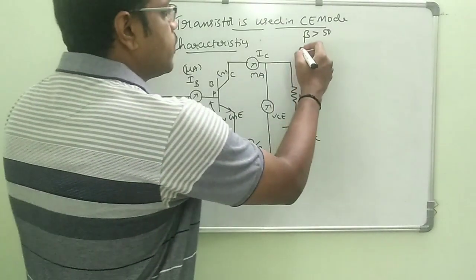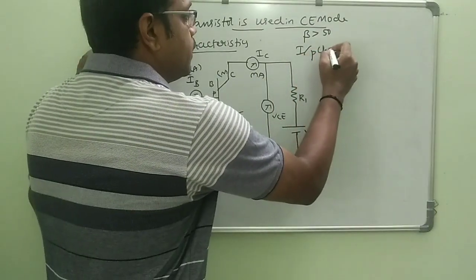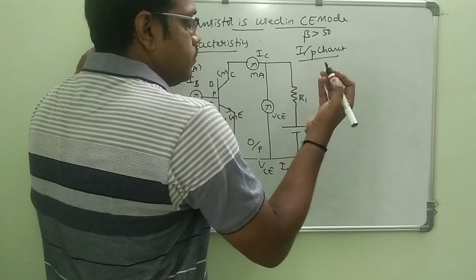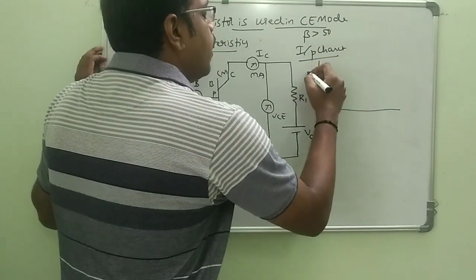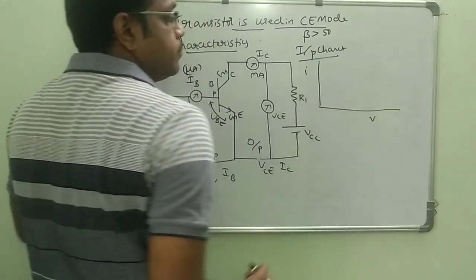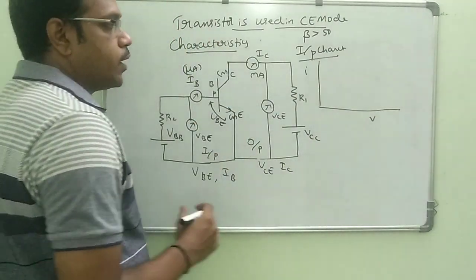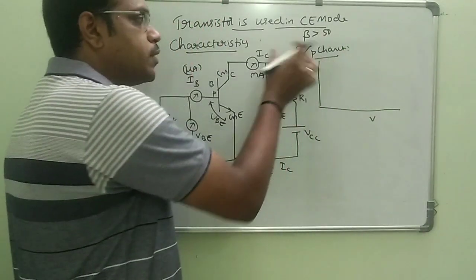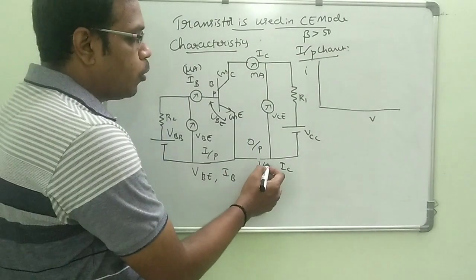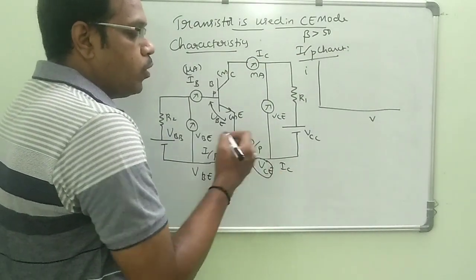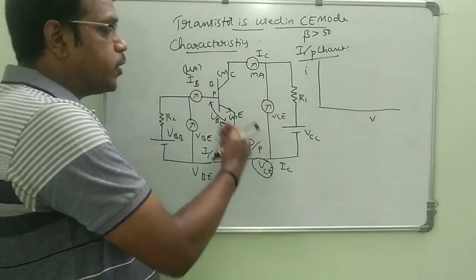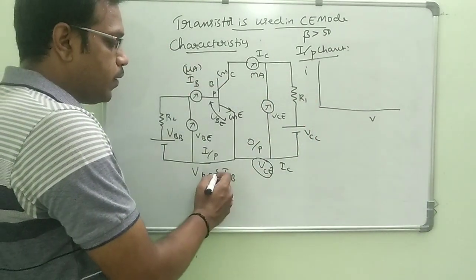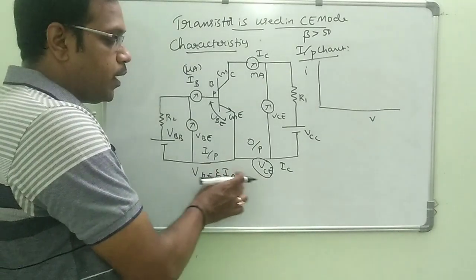For that we first take the input characteristic, a graph between I and V. To determine the input characteristic, we need to keep the output voltage constant, so we should not disturb it, because we need the relation between only VBE and IB.